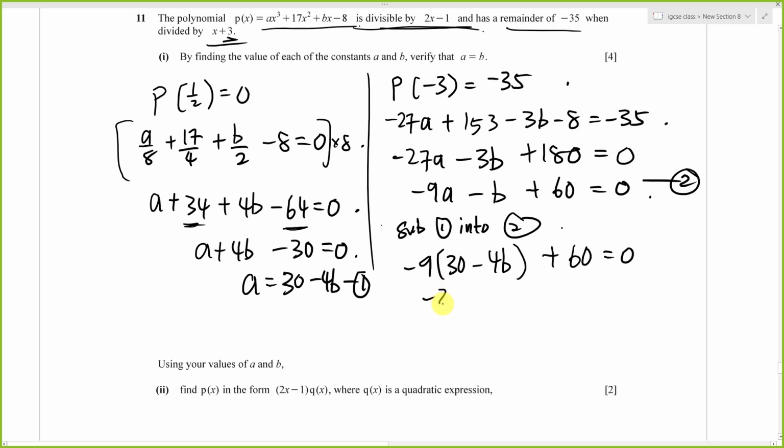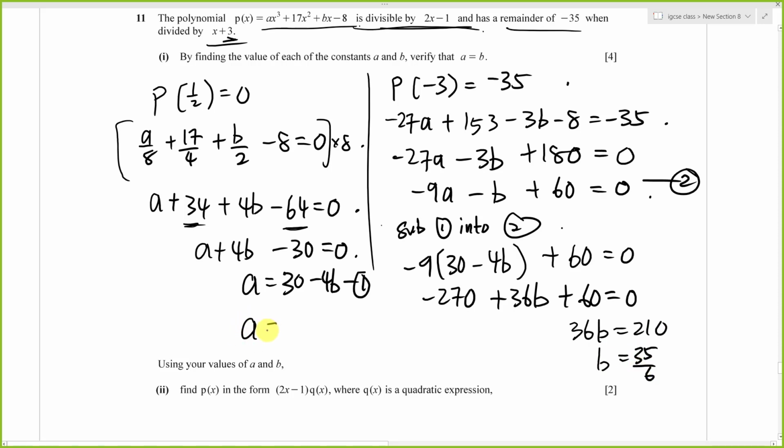So negative 270 plus 36b plus 60 equals 0. So 36b equals 210. b equals 35 over 6. 30 minus 4 times 35 over 6 is 20 over 3. No, I didn't get the same answer.